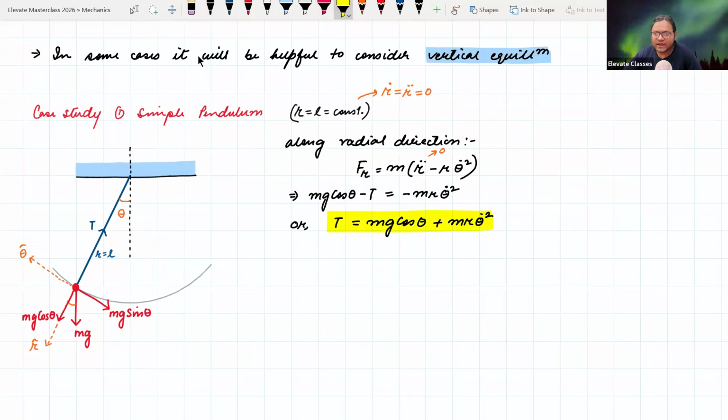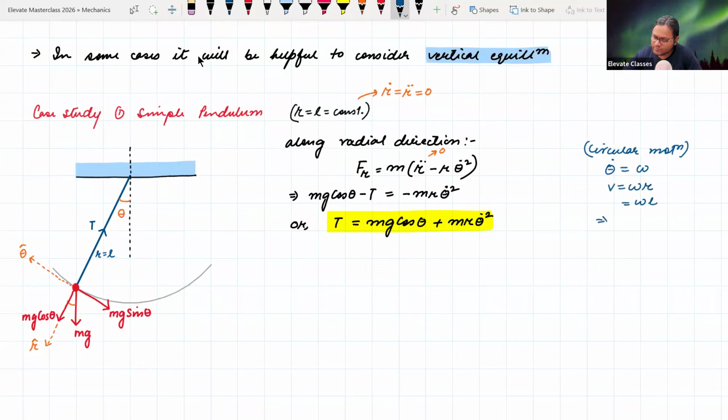Of course, I can simplify it, because you know that theta dot is what? Theta dot is nothing but omega, right? And this is purely circular motion. You will remember from my previous class that I said for purely circular motion, V is equal to omega r or omega L, right?